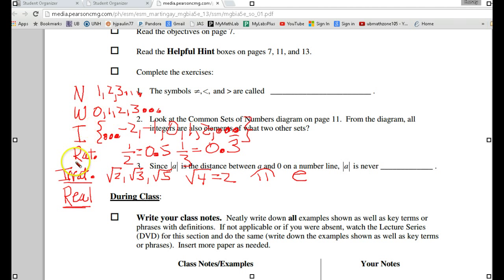But they do belong to rational numbers and real numbers. All numbers are real numbers. Integers are rational and real. So they're asking you to just think about that, and then this would be the background that you get from reading the textbook or listening to our lesson in class. I think we're going to do this on our very first day.